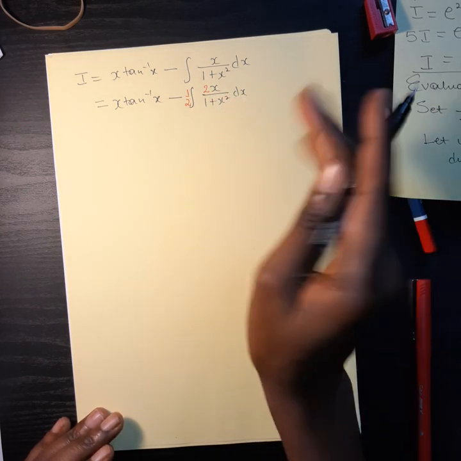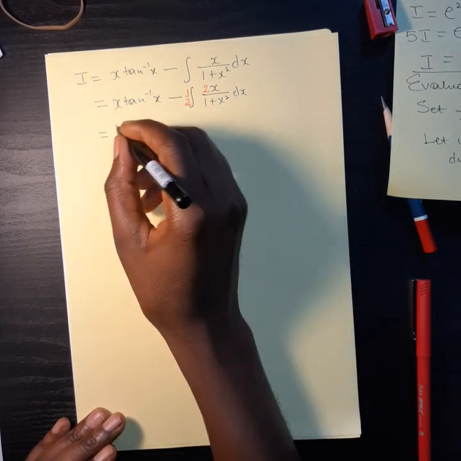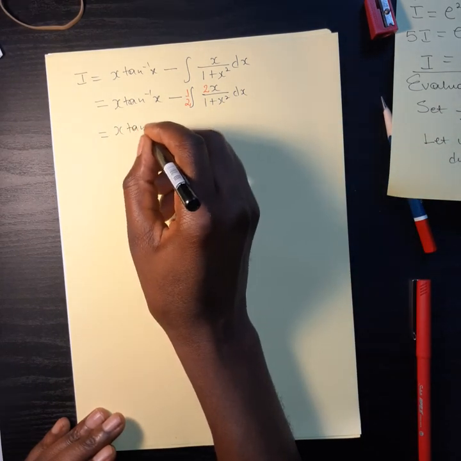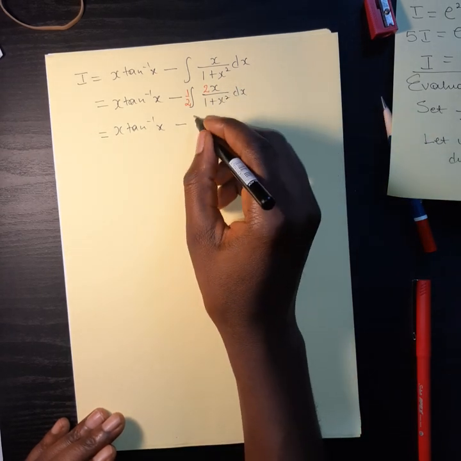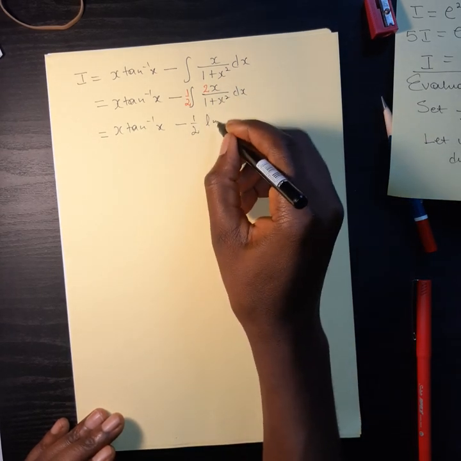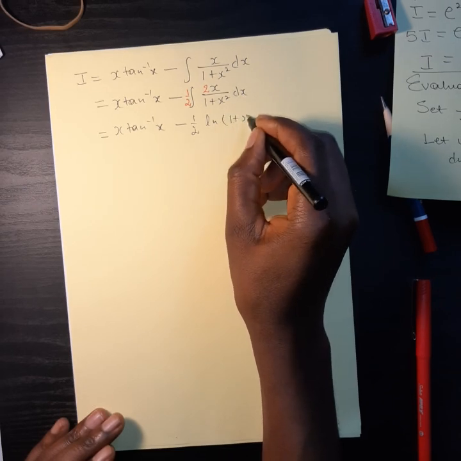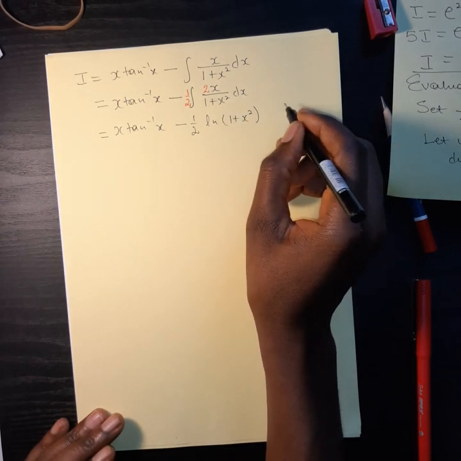So we have got x arctan of x minus 1 over 2, the ln of 1 plus x squared, like that.